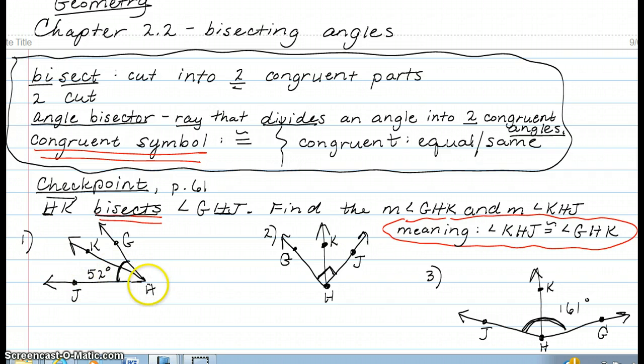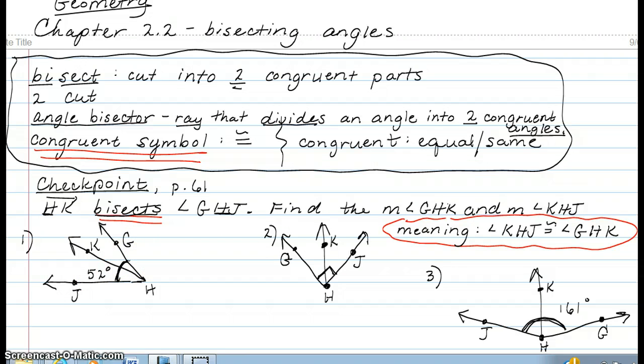Using that idea of an angle bisector, we're going to find the measurement of angle GHK and KHJ, so the two smaller angles. Even though on number one it looks like maybe this little piece, KHJ, is 52 degrees, we know that it's the whole angle that's 52 degrees.